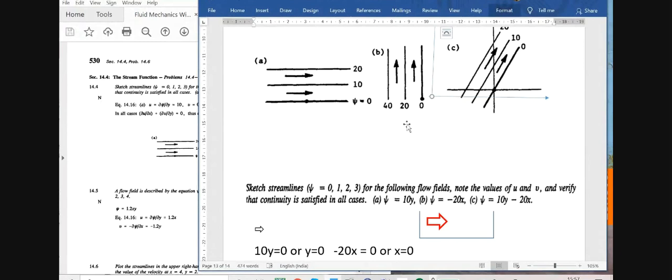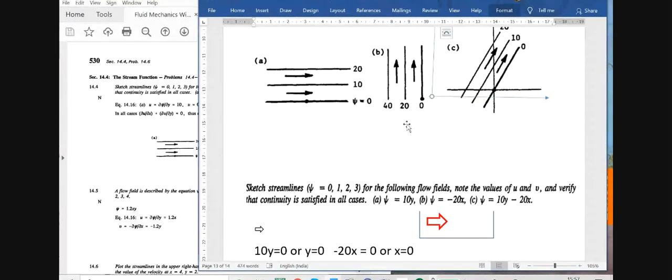Now instead of minus 20x, I am giving plus 20x. Similarly, in the first problem, instead of psi is equal to 10y, I am saying psi is equal to minus 10y. Now find out what is the type of flow.